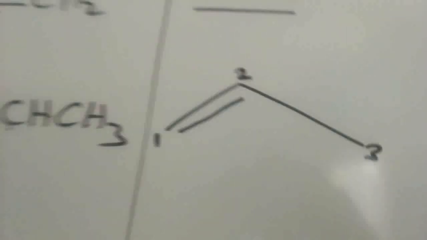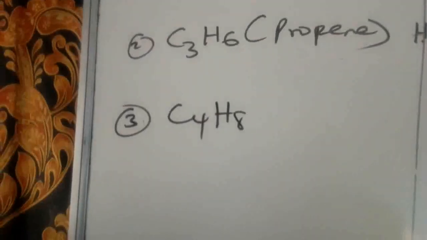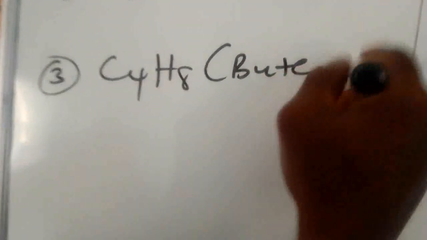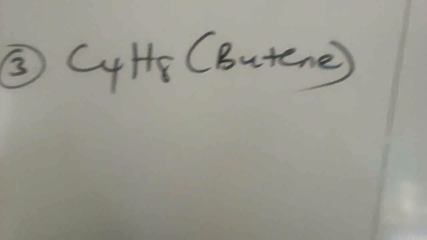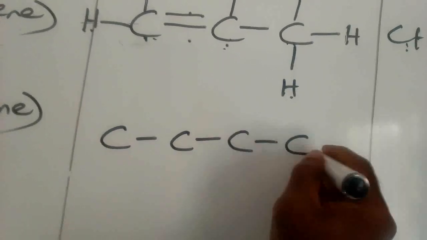So go to number 3. Number 3 is this, C4H8. This compound is called butene. Okay, let's draw the structure of butene. We have 1, 2. We put the 4 carbon atoms on a straight line.